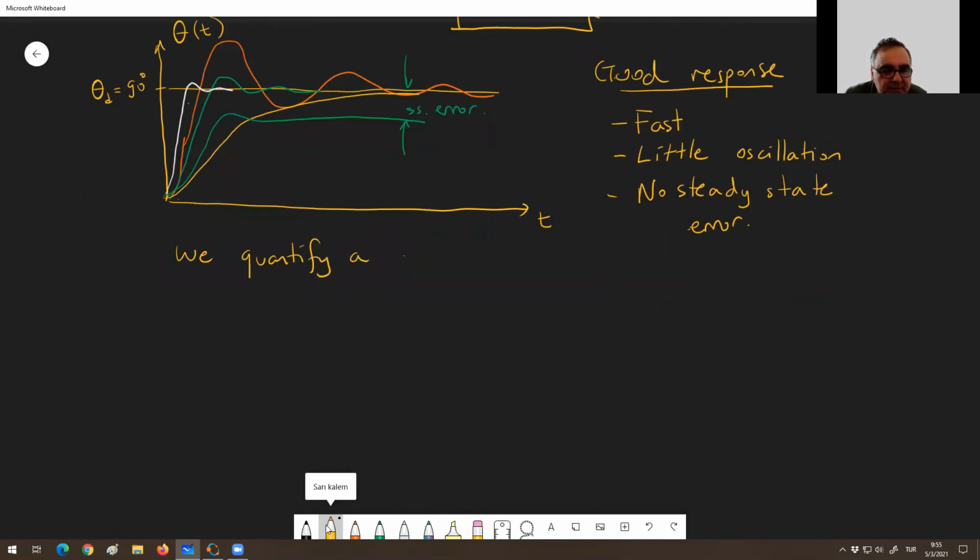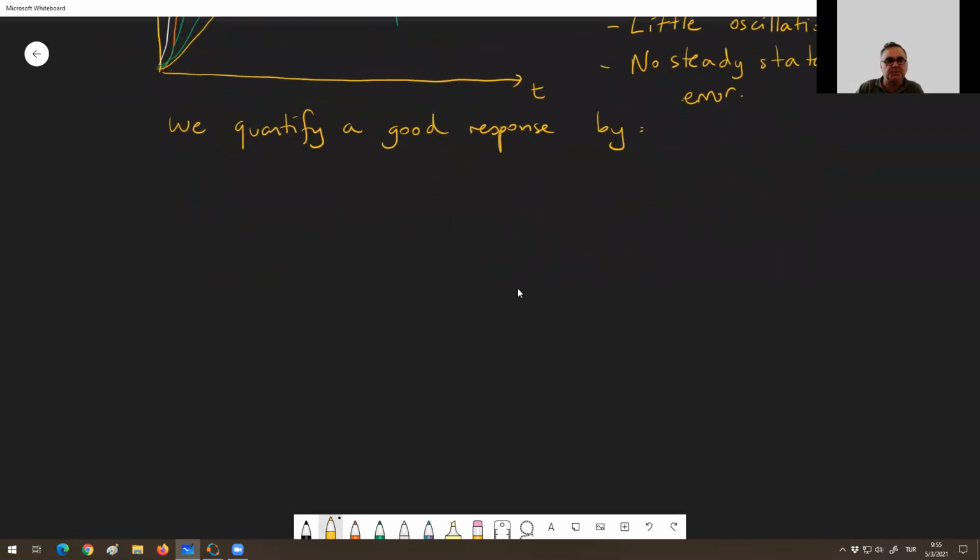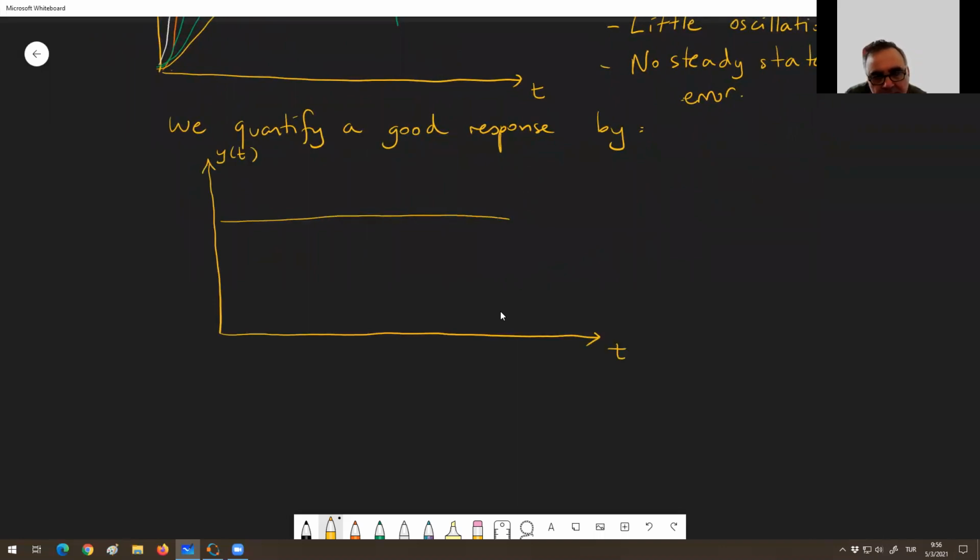Let me just draw a step response. This is t. This is y of t, a general y. This is the steady state value which we want, okay? First of all, there should be no steady state error.